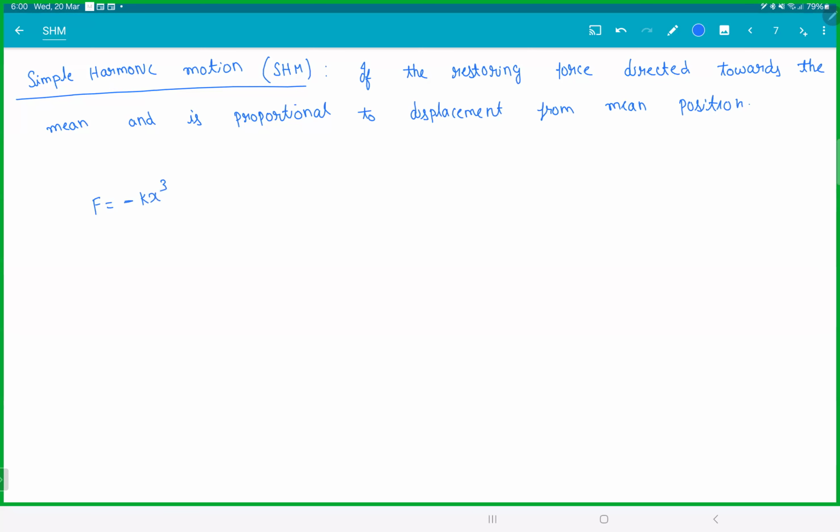So if you see, this x is your displacement from the mean position. So force is towards the mean position and it's attractive. Let's say if you have f is equal to some constant k by root over x square plus 1. Or if you have something like f is equal to minus x by root over ax square plus b. You create any function, doesn't matter. All these are examples of oscillatory.